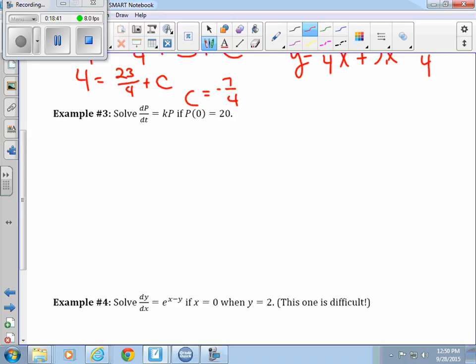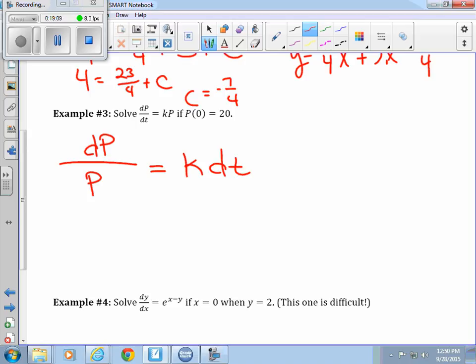Okay, so I need to separate variables. P is a variable and t is a variable. That does mean that k is a constant. So because I don't particularly enjoy fractions, I'm going to leave k where it's sitting and call this dP over P equals k dt.